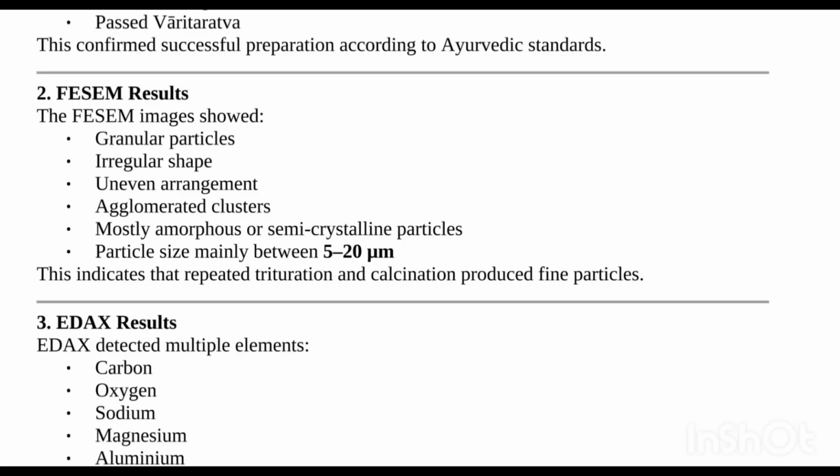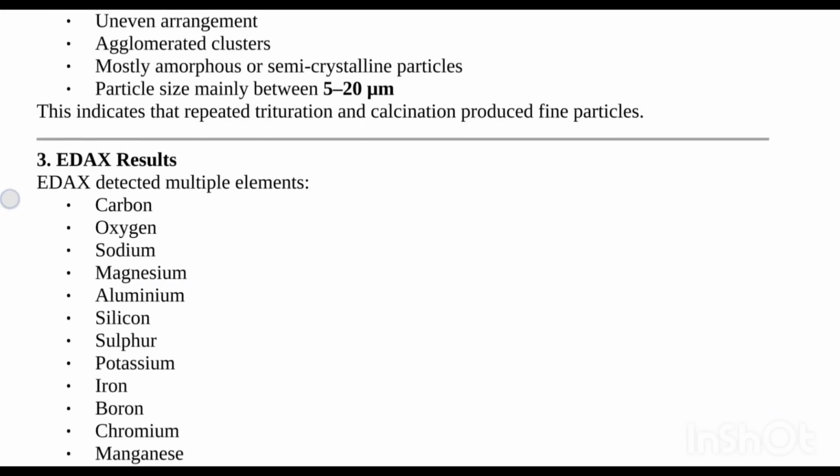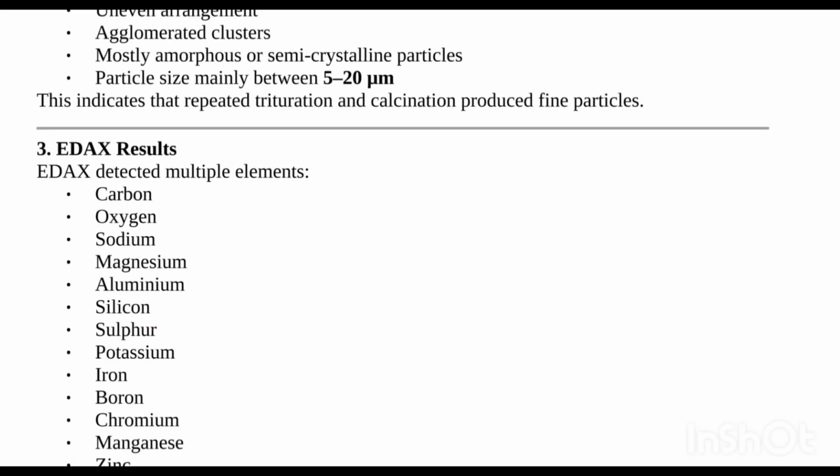Field emission results show granular particles, irregular shapes, uneven arrangement, agglomerated clusters, mostly amorphous or semi-crystalline particles, and particle size mainly between 5 to 20 micrometers, which indicates that repeated trituration and calcination produce fine particles.